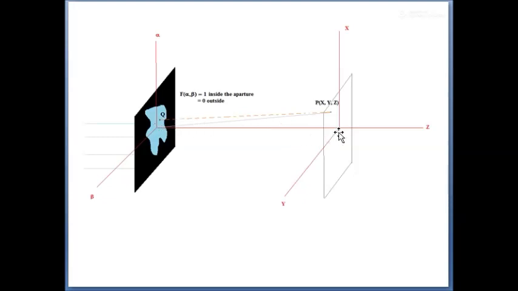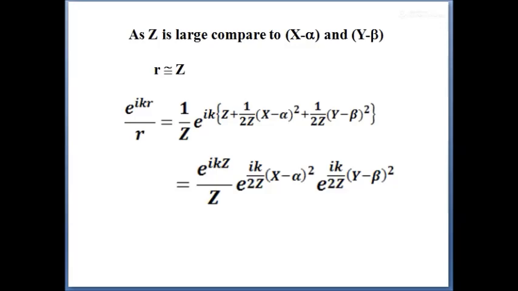This distance is basically z. So as this distance is z, I can consider that r is approximately equal to z.